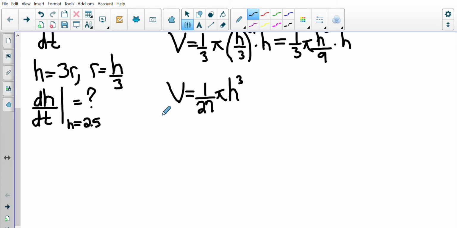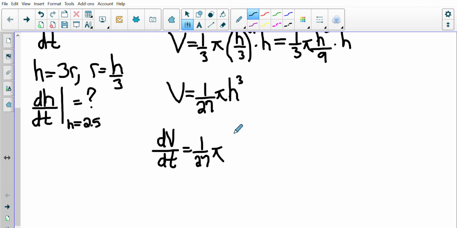All right, so now I'm ready to take the derivative, again with respect to time. If I take the derivative of V with respect to time, I get dV/dt. Now, I've got this constant out front, so I'm just going to write it down: 1/27th pi.